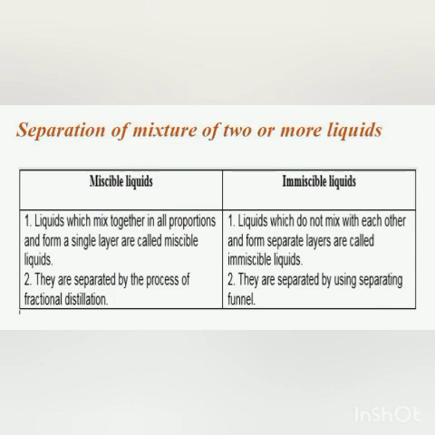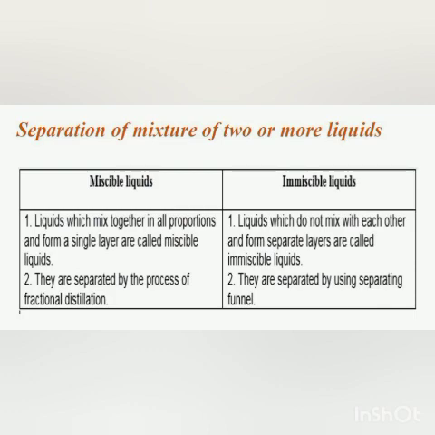Miscible liquids can be separated by the process of fractional distillation, and immiscible liquids can be separated by using a separating funnel. You can see in the slide how to separate. Now how to separate two immiscible liquids?